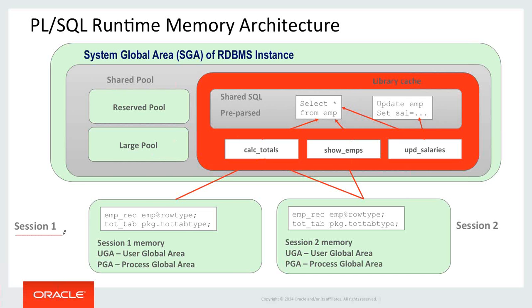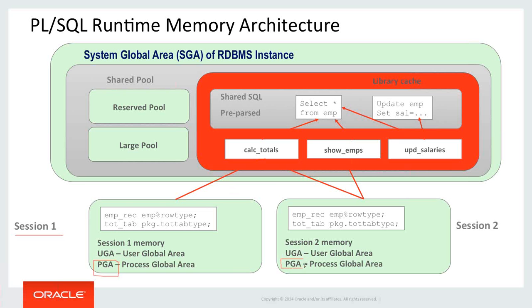Each session connected to Oracle, however, has some of its own memory areas. The most important of which to know about is the PGA, or Process Global Area. Whenever you run a program and that program declares variables, constants, etc., the memory for those variables comes out of the PGA for that session.